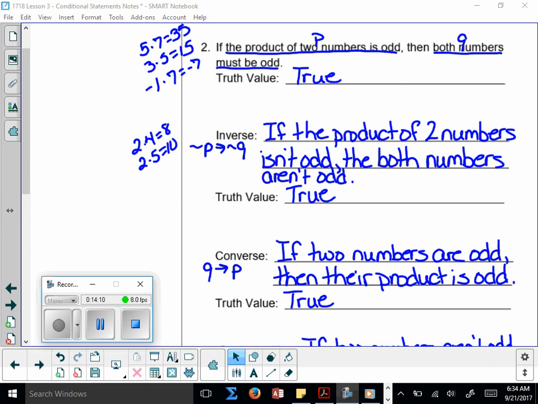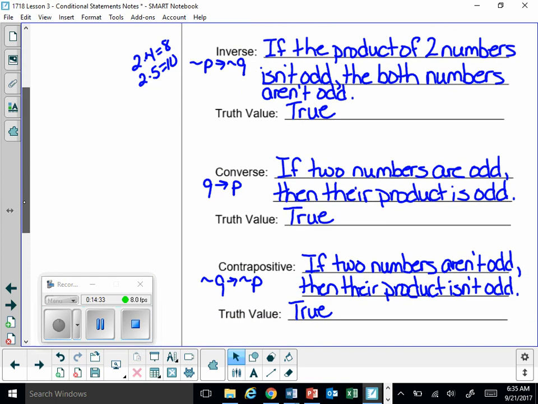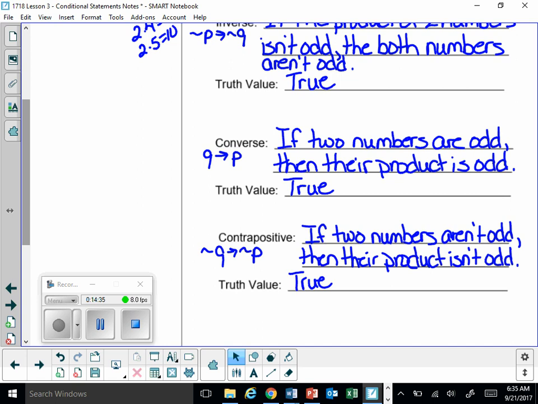Then I looked at the inverse, not P, then not Q. And again, I played with some numbers to the side to find out that the truth value is true. If the product of 2 numbers isn't odd, or if the product of 2 numbers is even, then both numbers aren't odd. The converse, if 2 numbers are odd, then their product is odd, was true. And the contrapositive, if 2 numbers aren't odd, then their product isn't odd, was also true.